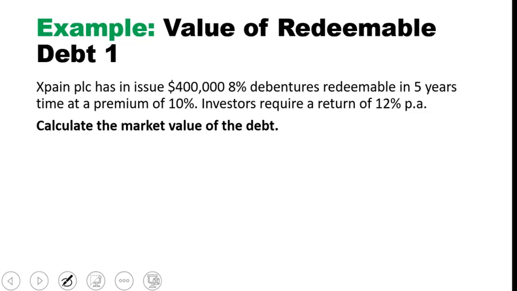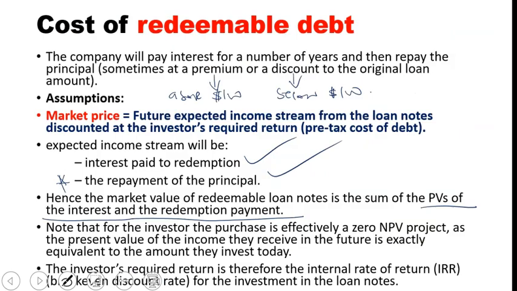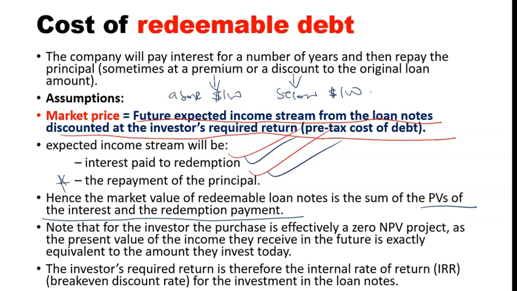Now, I'm sure from the definition, the market value or the market price is the future expected income stream from the loan notes discounted at the required return, the investor's required return. And these include the interest payment as well as the repayment of the principal.